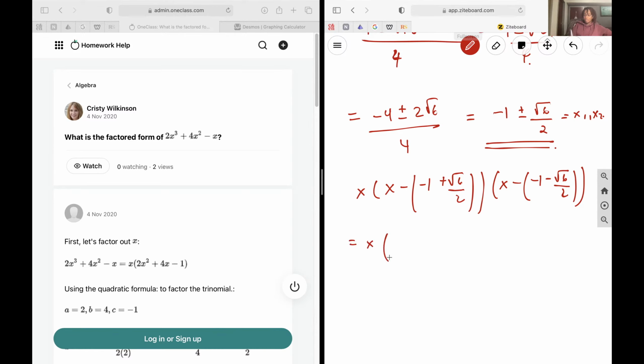This will give me x into x plus 1 plus root 6 over 2 into x plus 1 minus square root 6 over 2.